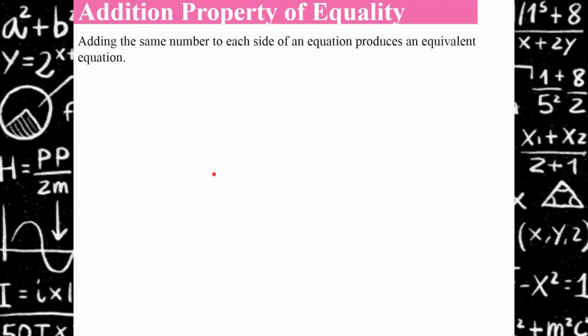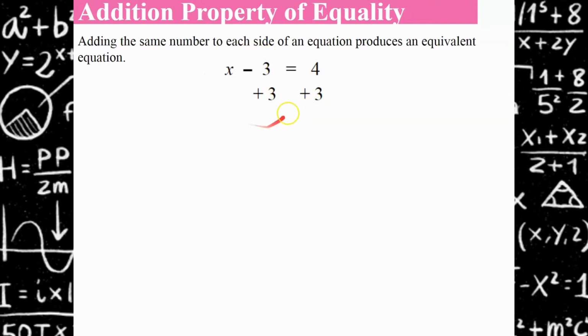Let's talk about the addition property of equality. That property states that adding the same number to each side of an equation produces an equivalent equation. So we have the algebraic equation x subtract 3 equals 4. If we add 3 to both sides, this is the addition property of equality.